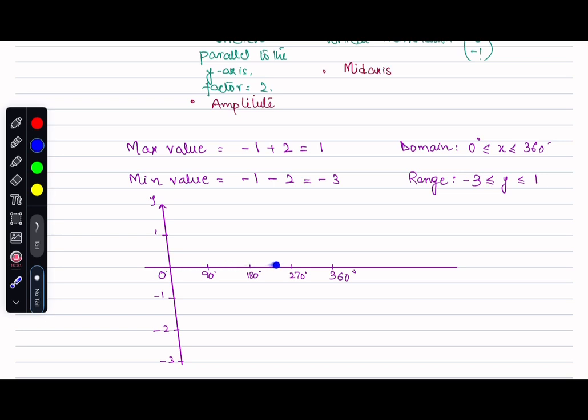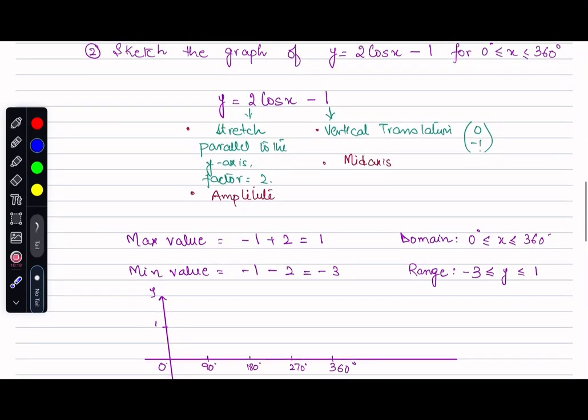So I have sketched the x-axis here representing 0, 90 degrees, 180 degrees, 270 degrees and 360 degrees. And also I have located the mid value, which was a negative 1. We know that the mid axis here is negative 1.